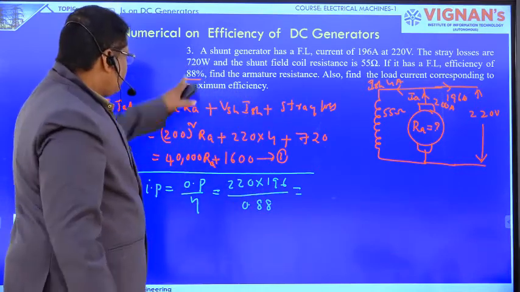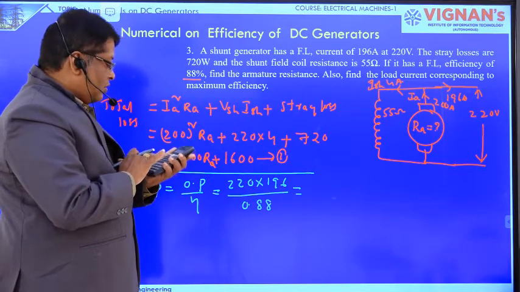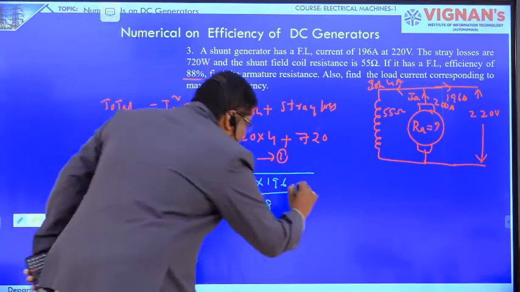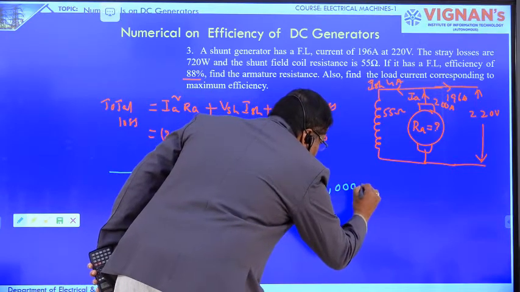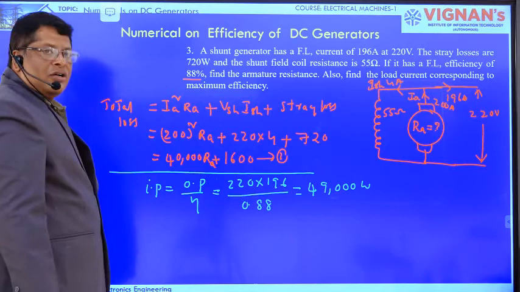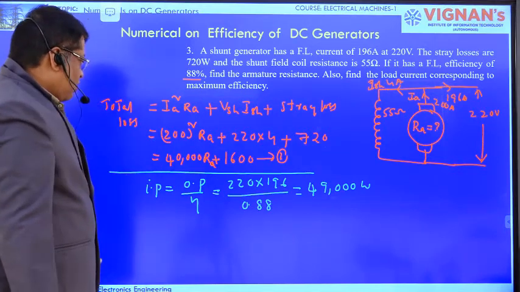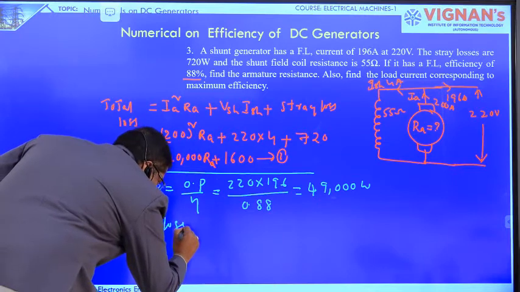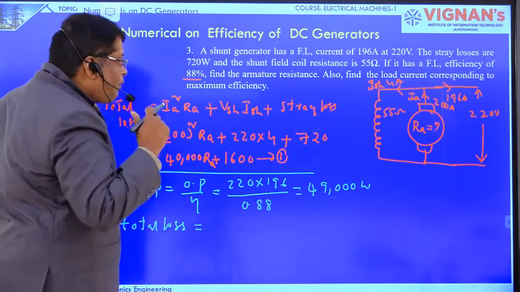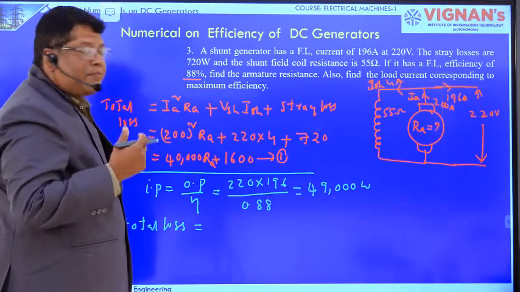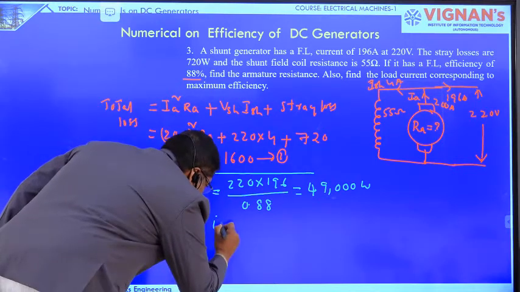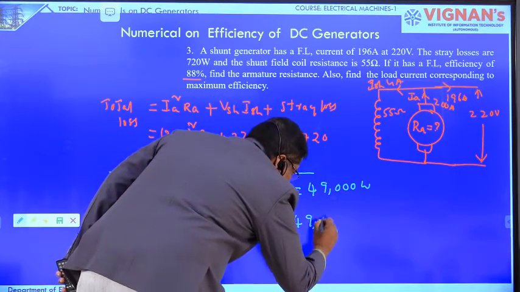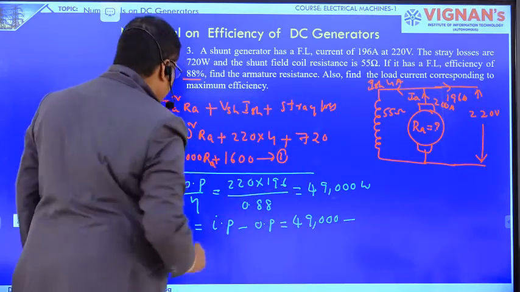This is the input power, 49,000 watts. Then 49,000 minus this value, the output power.